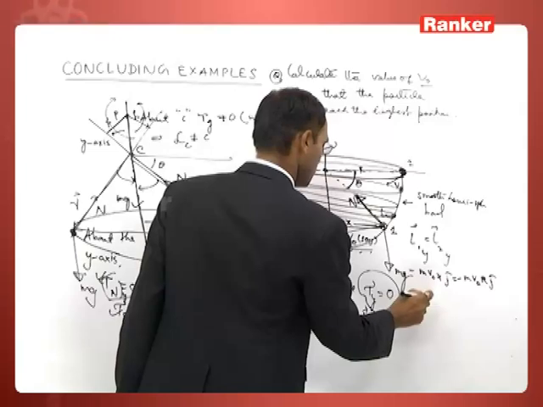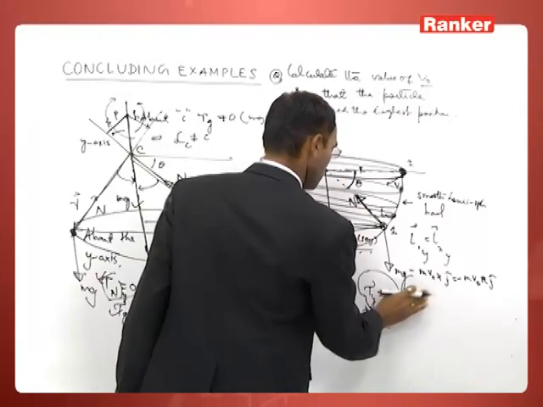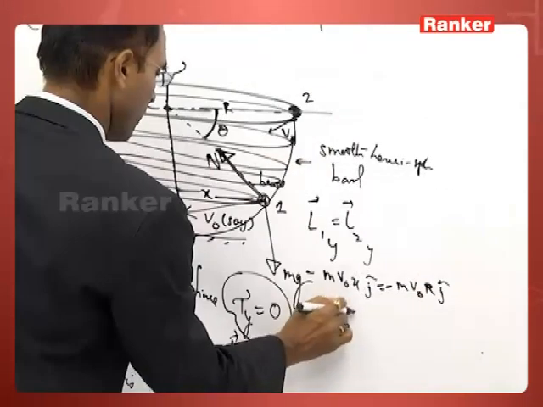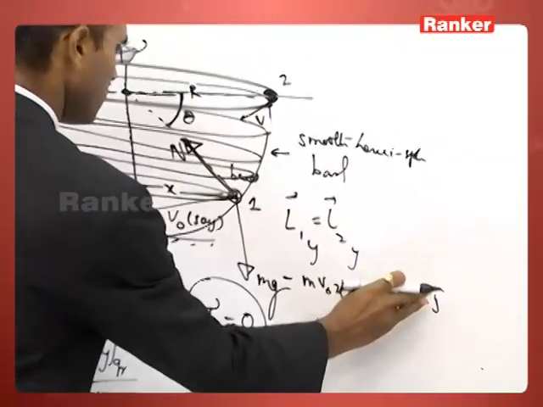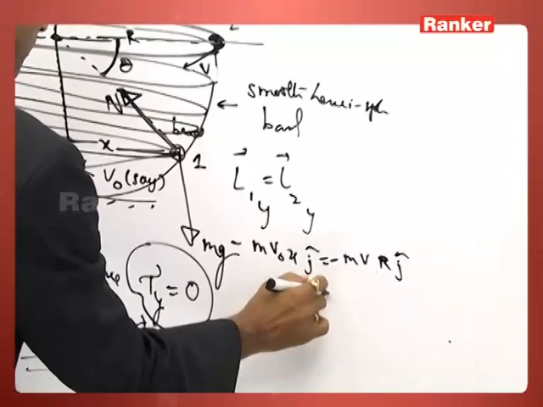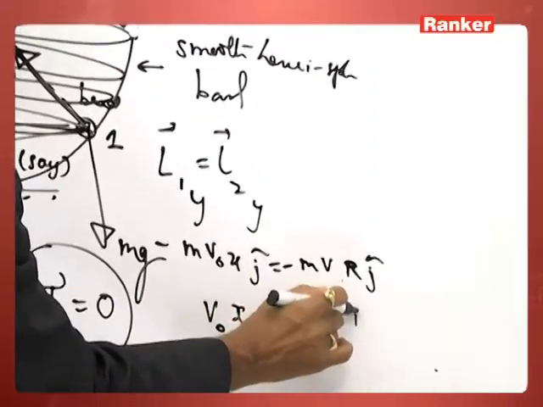You will get the equation v naught x is equal to, here let it be v, it is not v naught, v into r, equation number 1.